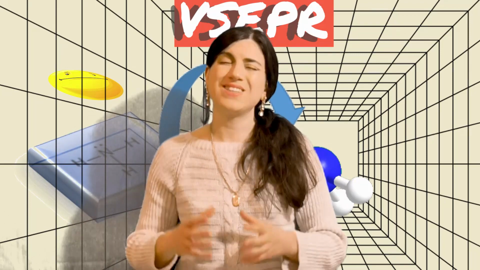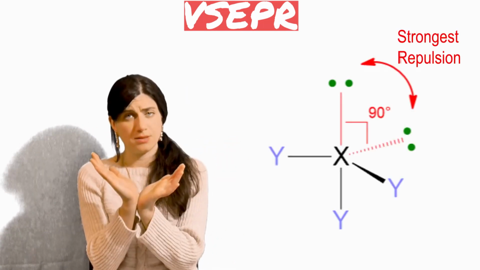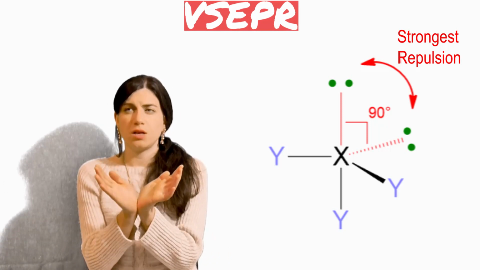But these repulsions also depend on the angles between the electron pairs. For instance, we will have the highest repulsion if the two lone pairs are at 90 degrees from each other, because the angle is very small.